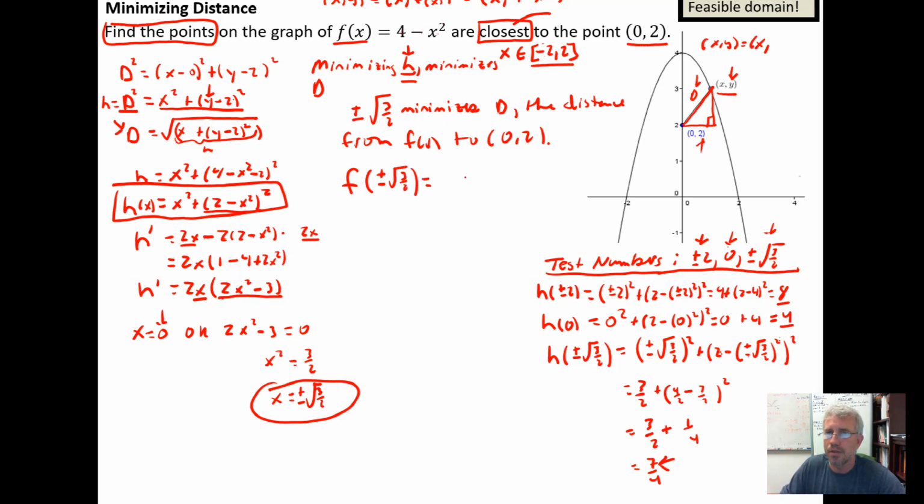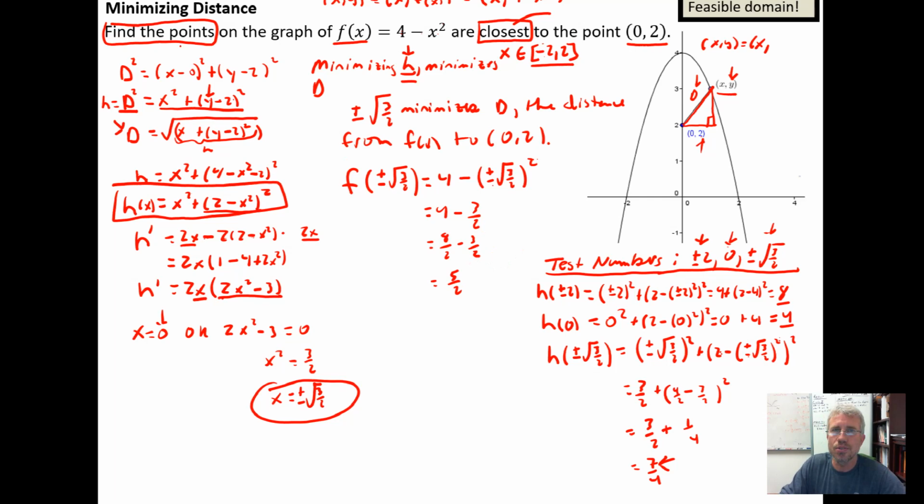So doing that, we're going to get 4 minus plus or minus the square root of 3 halves squared equals 4 minus, plus or minus squared is just a positive, and squaring the square root just gives us 3/2. So this is going to be the same thing as 8/2 minus 3/2, which is just going to be 5/2.